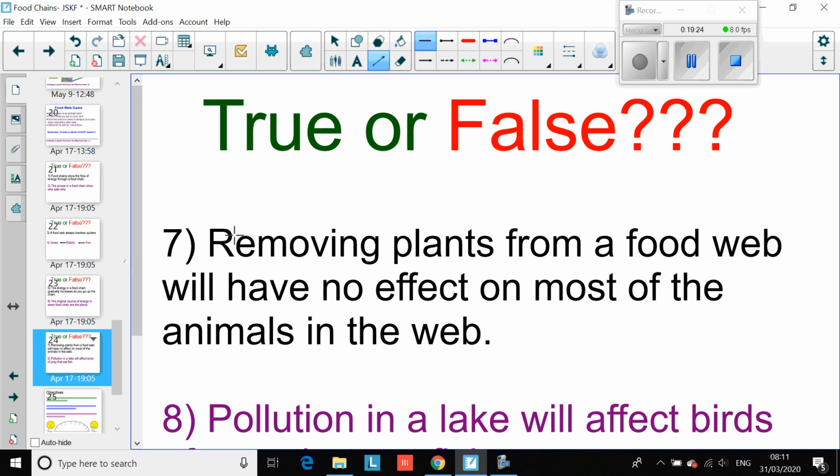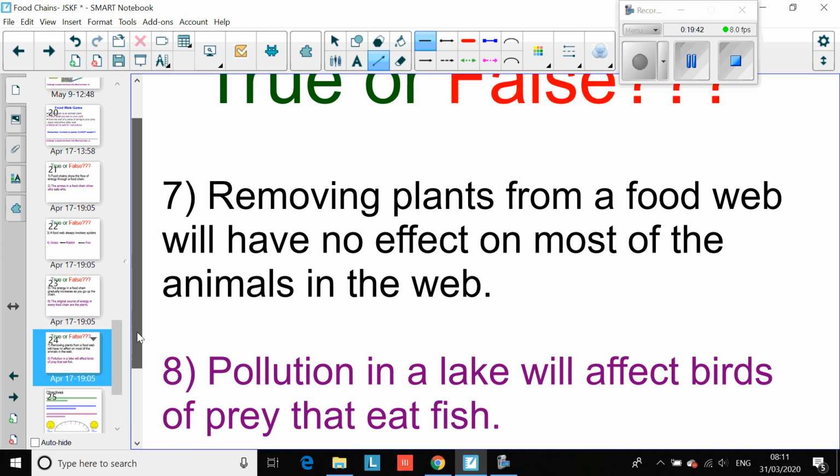Okay, and I'll just quickly explain why. Animals can eat maybe different types of plants, but if they have a main plant that they eat, like for example, pandas really only eat bamboo. So if you destroyed all the bamboo, they would all literally starve to death. Okay, some animals can eat more species of plant than others, though.